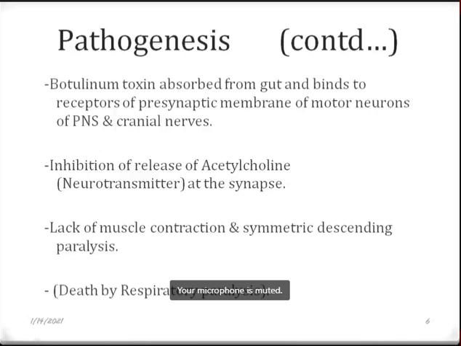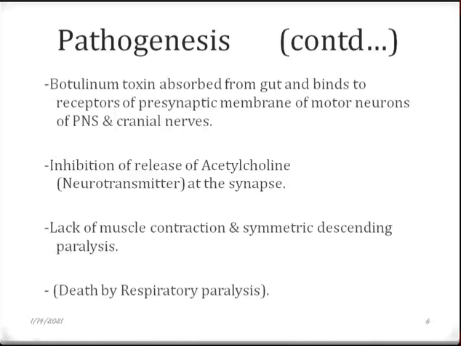It leads to inhibition of release of the neurotransmitter acetylcholine at the synapse, which leads to lack of muscle contraction and symmetric descending paralysis.